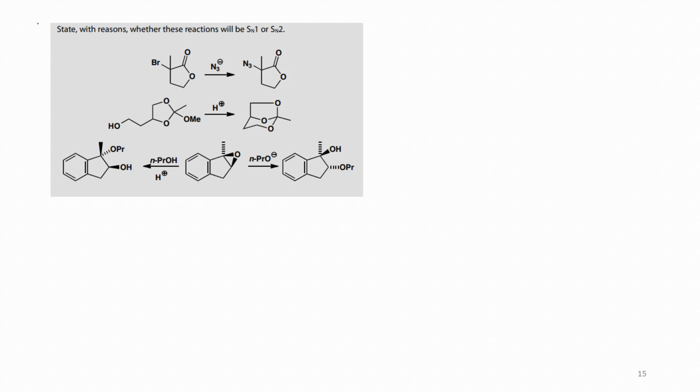Let's solve it. What is happening in the first reaction? You can see in this case this position is 3 degree, favoring SN1, and this position is favoring SN1, whereas this position is just adjacent to the carbonyl, which also favors SN2.